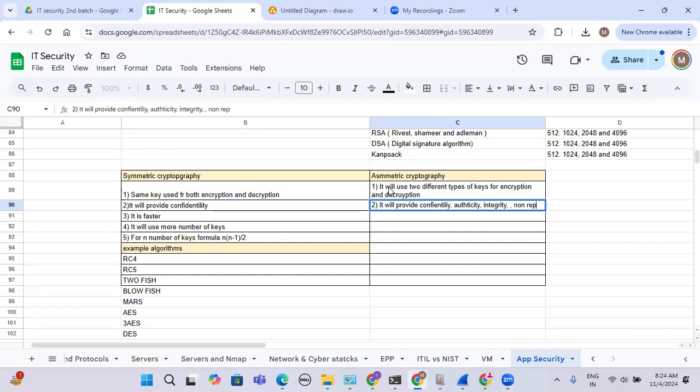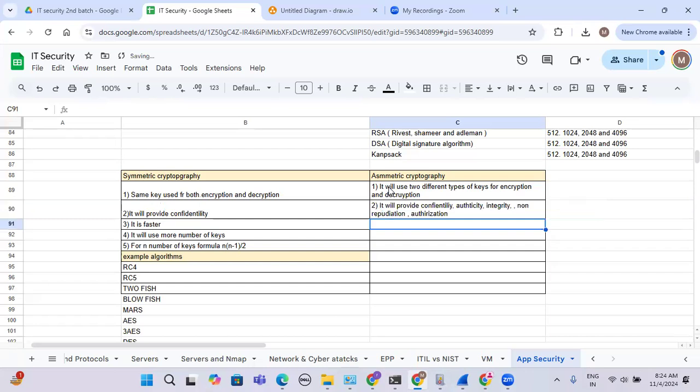Non-repudiation, which is happening, and traceability using logs, we can go and verify. Authorization can be done by the backend server. So it provides all these parameters. Compared to symmetric it has more advantages, but it is slower.